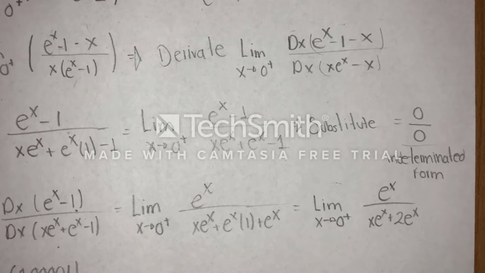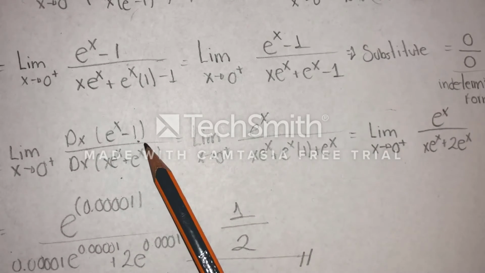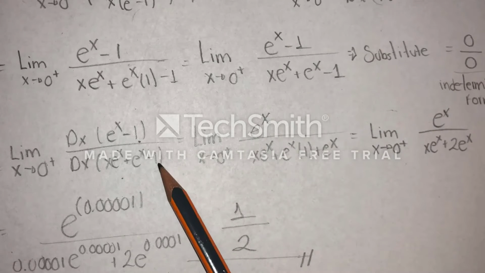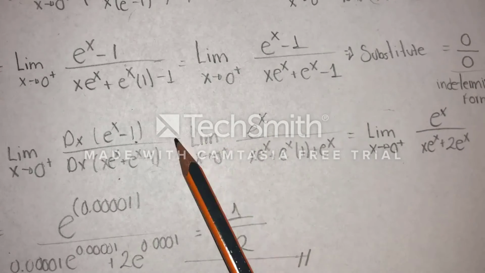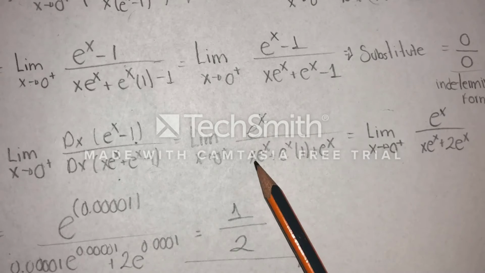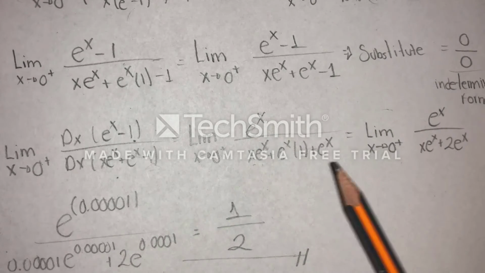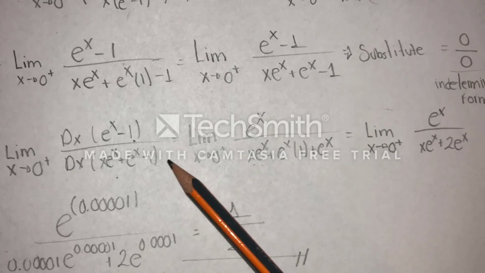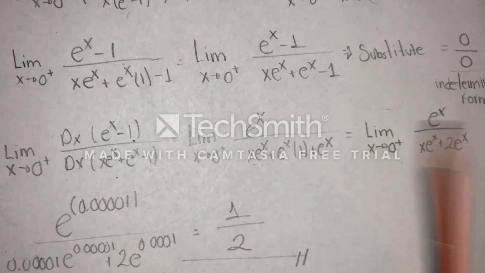So what should we do? We have to apply L'Hôpital's rule again, which is the derivative of the numerator over the derivative of the denominator, which is e to the x minus 0 times the first term and the derivative of the second one plus the second one times the derivative of the first one plus e to the x, and then the derivative of 1, which is 0.